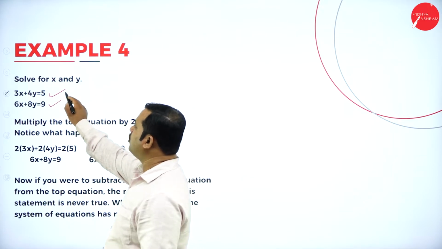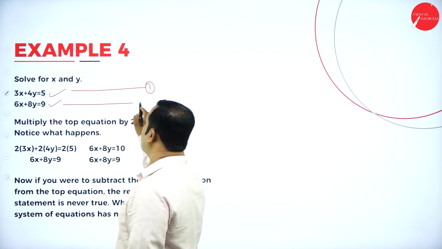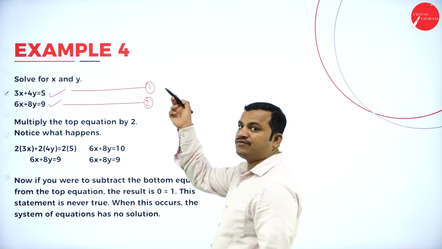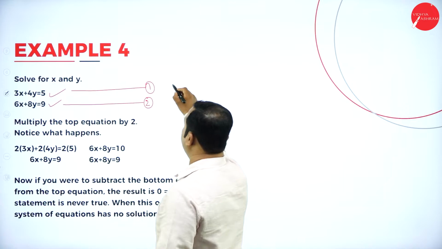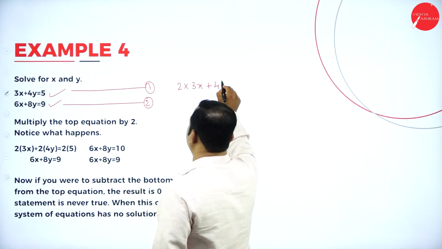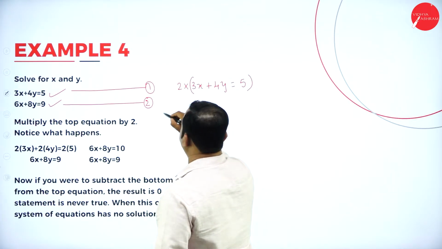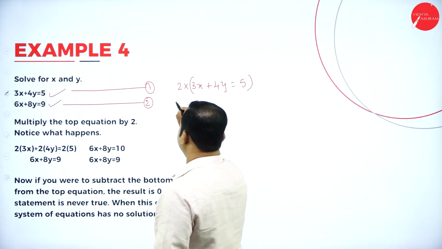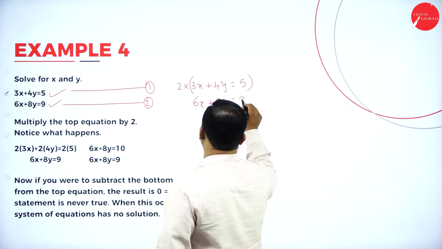If I call this equation 1 and this equation 2, and I multiply the first equation by 2, then that turns out to be 2 into 3x plus 4y is equal to 5. That is, the entire equation is multiplied by 2. Then the second equation is kept as it is, that is 6x plus 8y is equal to 9.